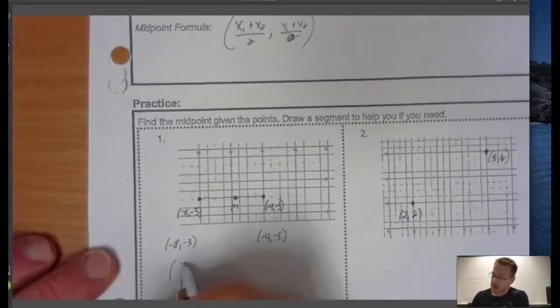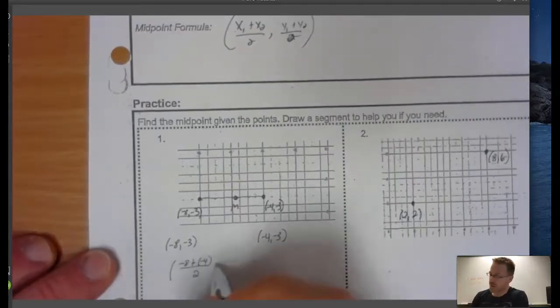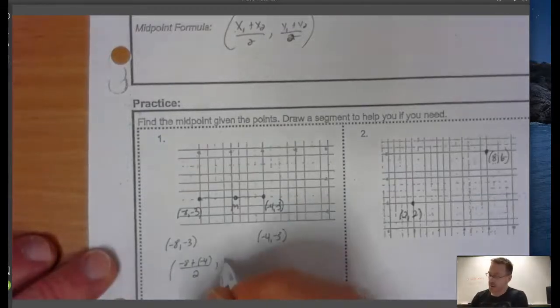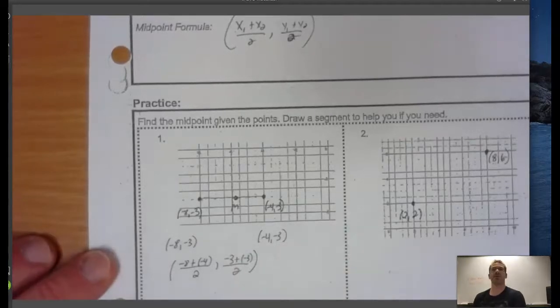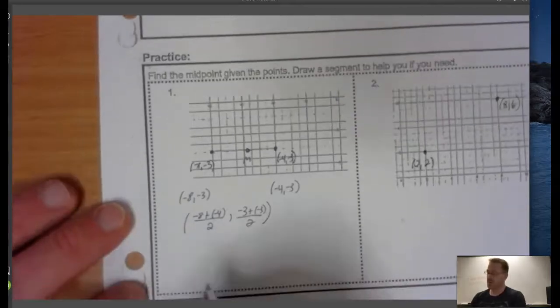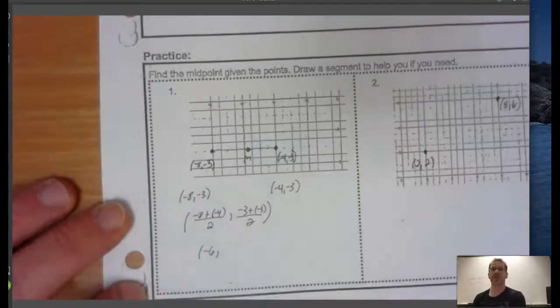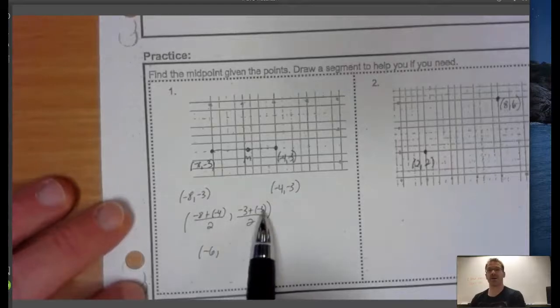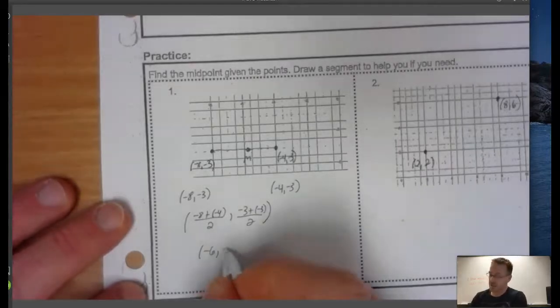So I would do -8 plus -4, divide by 2. Then do the same for your y-coordinates: -3 plus -3, divide that by 2. Well, -8 plus -4 is -12, and -12 divided by 2 is -6. Then -3 plus -3 is -6, and that divided by 2 gives us -3 again.